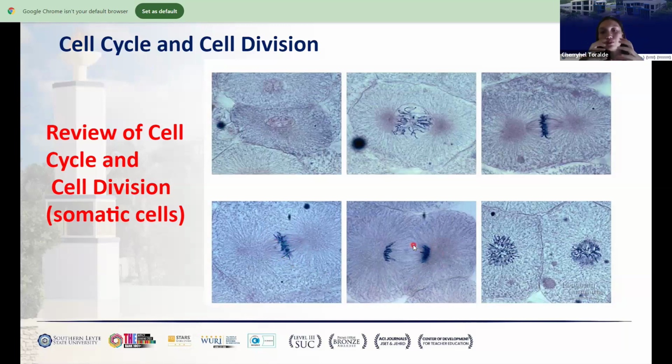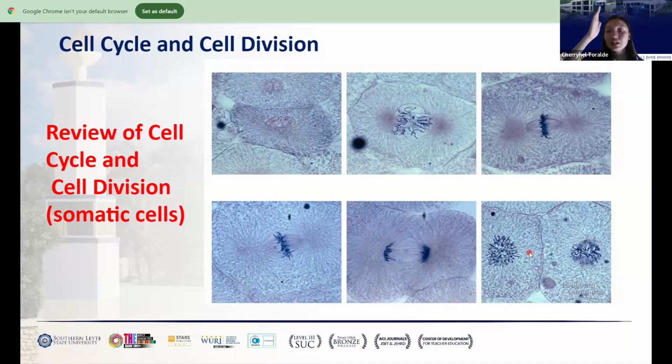And then, when it moves to the opposite na poles, slowly forming two cells, that is what you call the telophase.